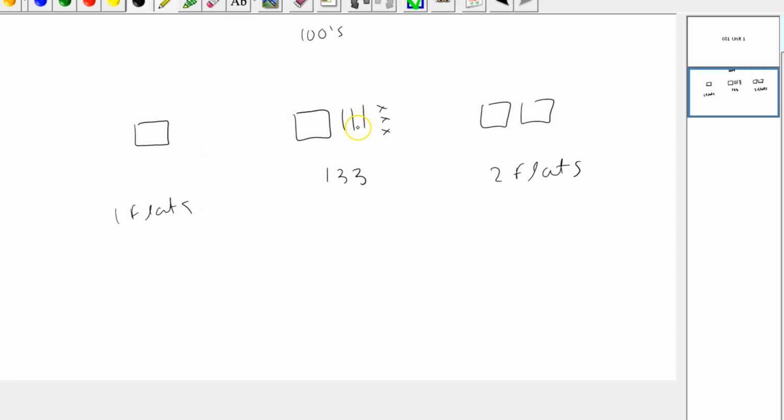Here they would have to take away 33 to get to 1 flat. Here they'd have to add 6 more rods and 7 units. So they would have to add more to get to the 2 flats than they would have to take away.